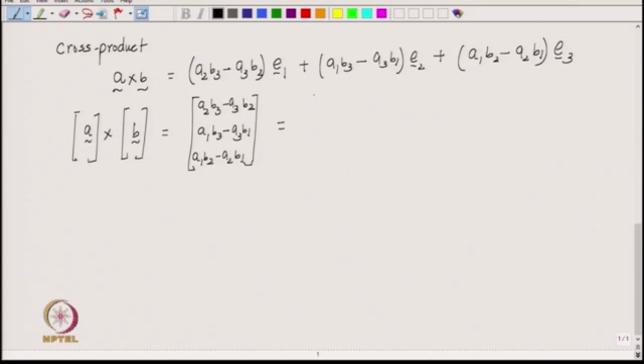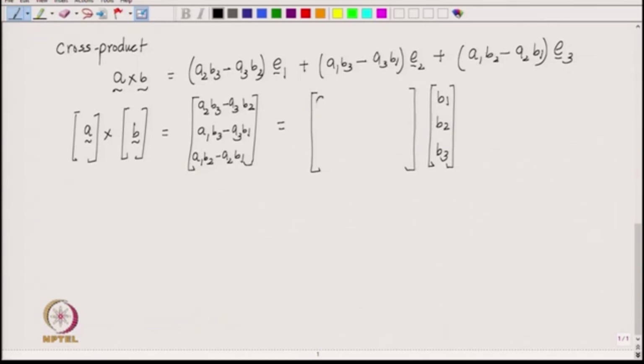But you know, we can also write it as a matrix times the vector B. So, we have this column of B, B1, B2, B3, and a matrix.